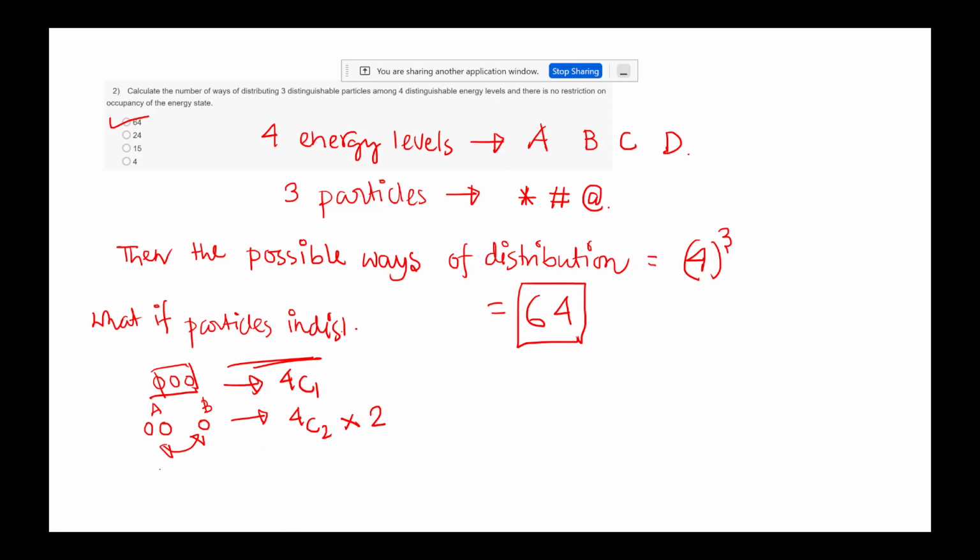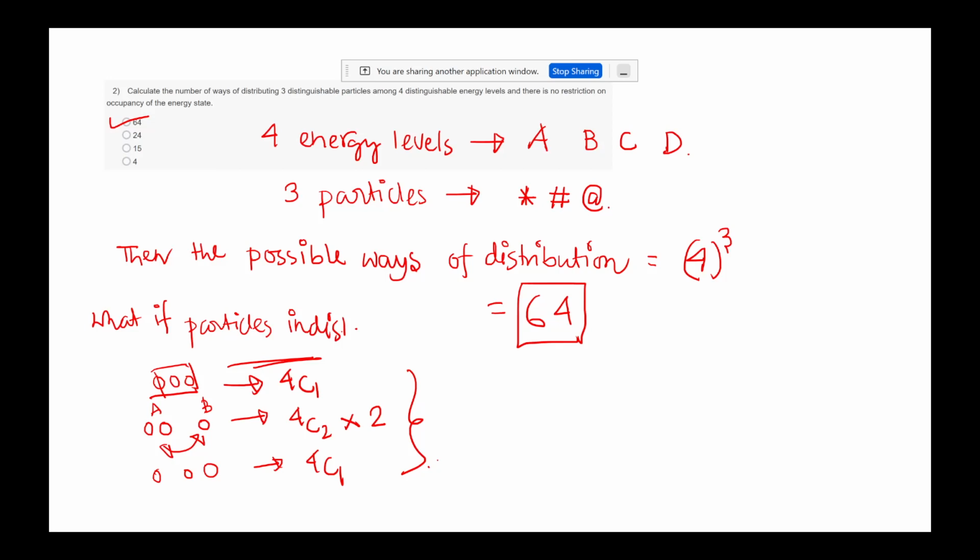Or it can happen as 1 1 1, meaning each of 3 levels has 1 and 1 will be empty, and that is similar to 4C1. So these will be the possible outcomes. Is it clear, Mugilan?